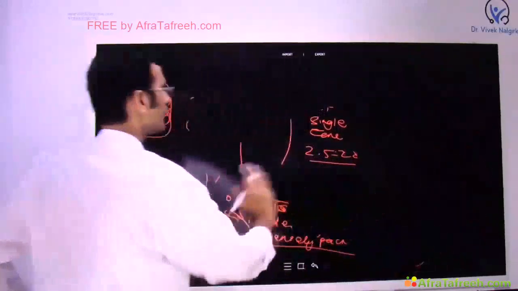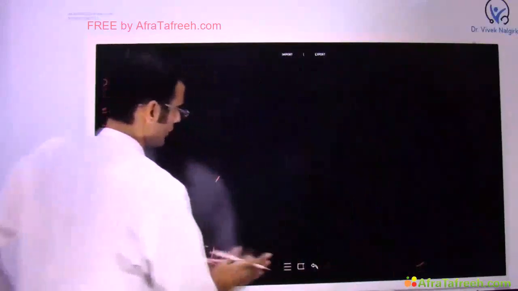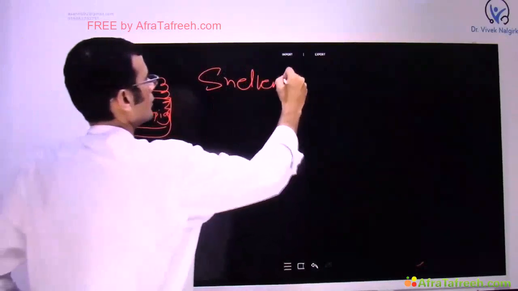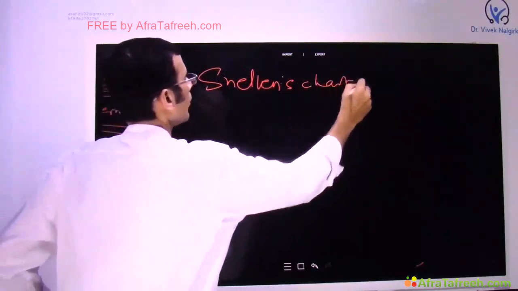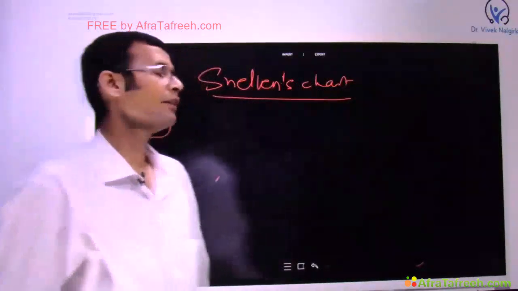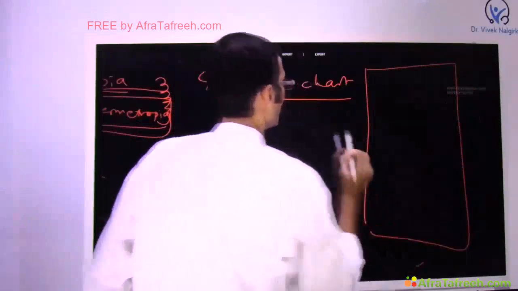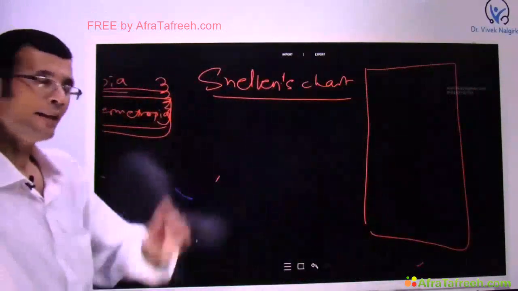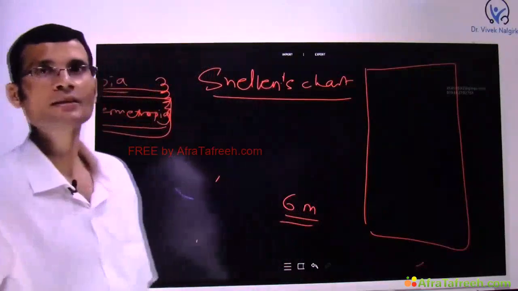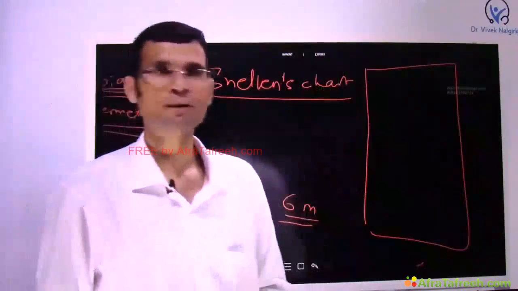It is tested by Snellen's chart. Now, one question that is never asked and answered is, if you look at the Snellen's chart, Snellen's chart is placed at 6 meters distance because 6 meters is our far point of vision.